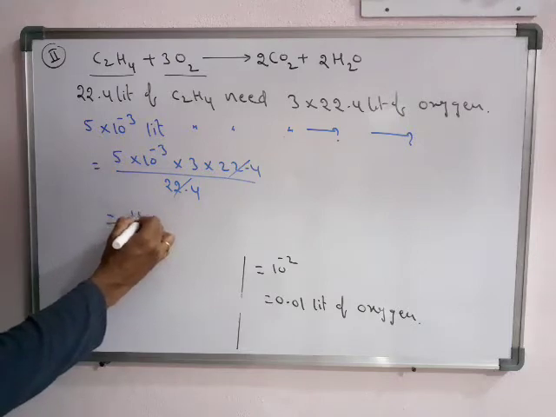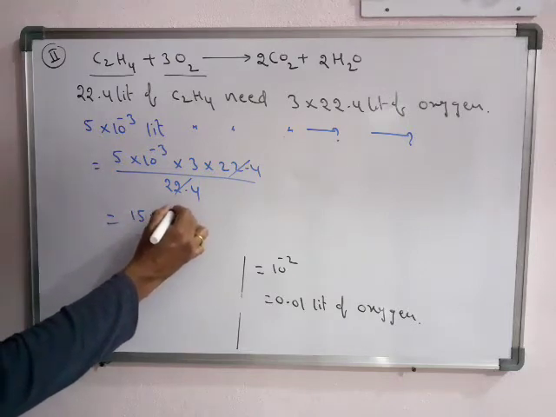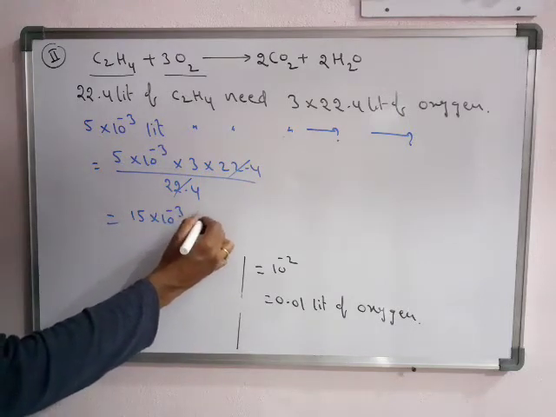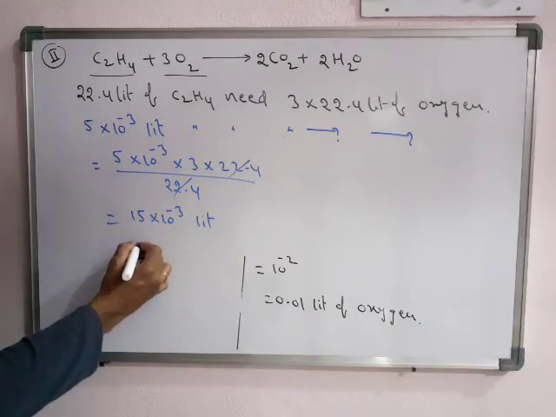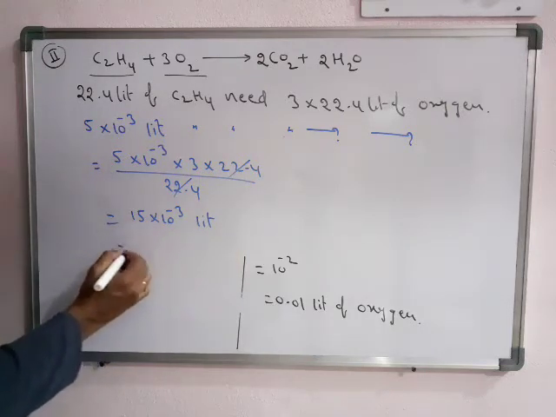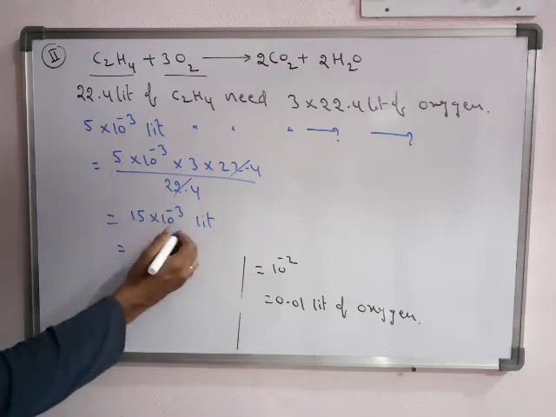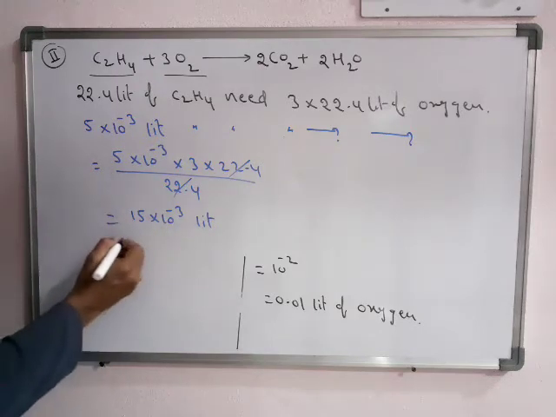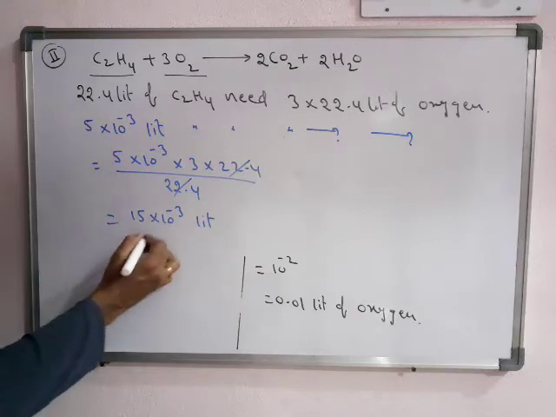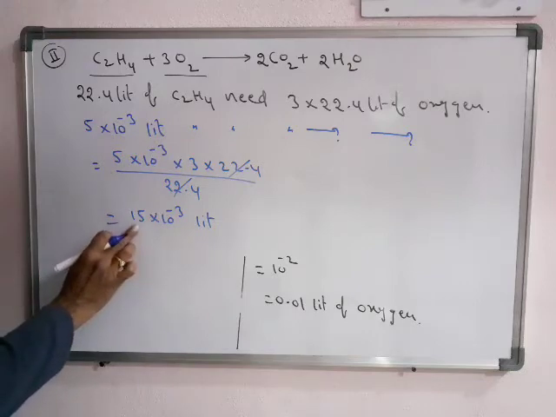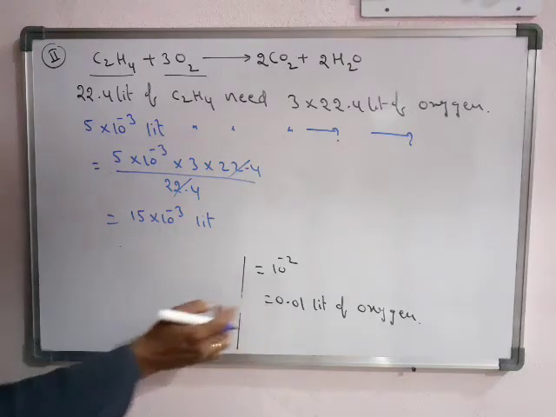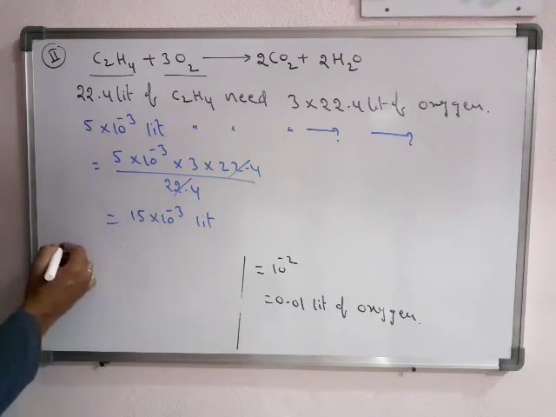So this gives 15 into 10 power minus 3 liters. Convert it into milliliters. If the answer is given in liters, we can say this is 15 into 10 power minus 3 liters, and the other is 0.01 liters.